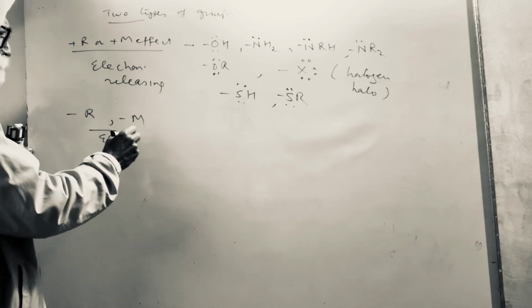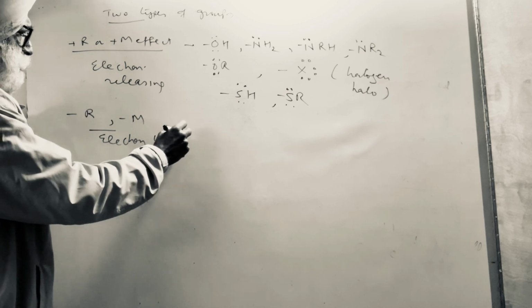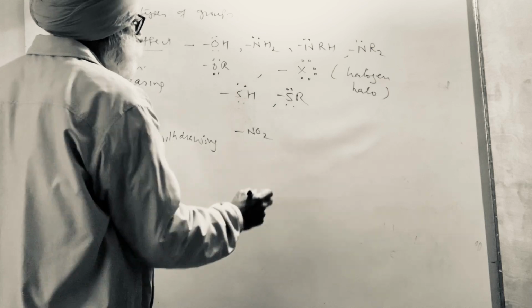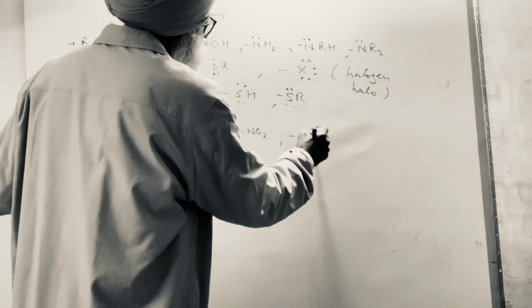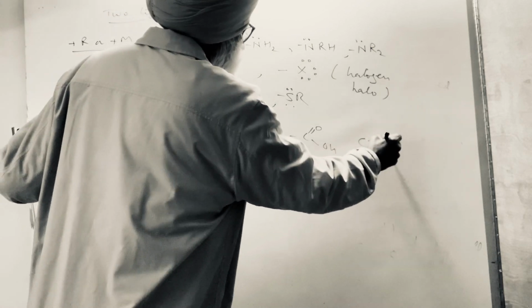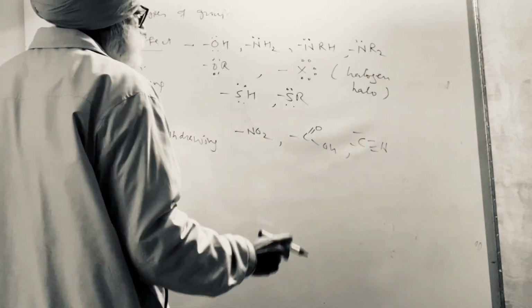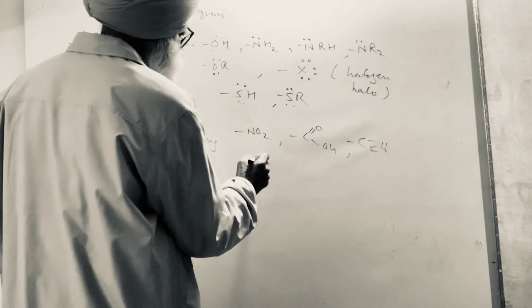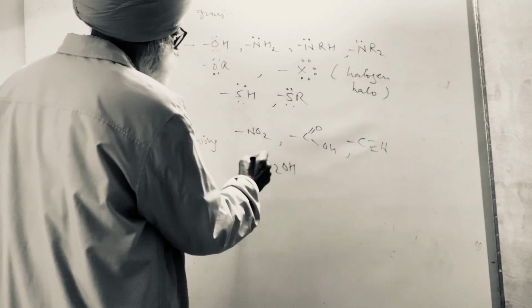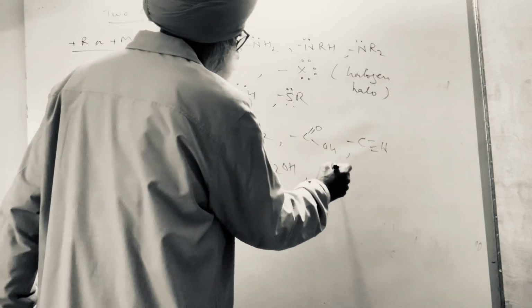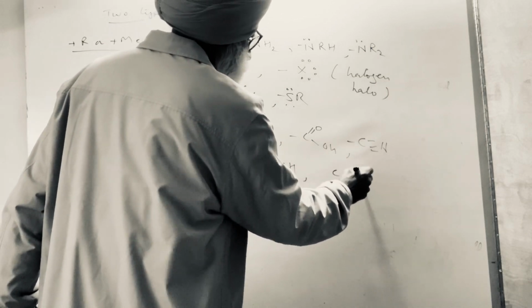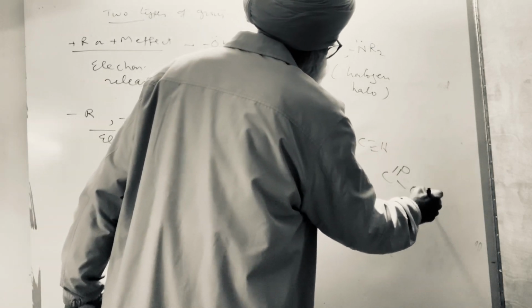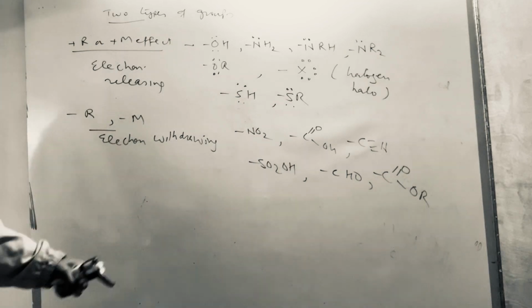And then minus R, electron withdrawing. Here you have NO2, then CHO, then CN group, then the sulfonic group.